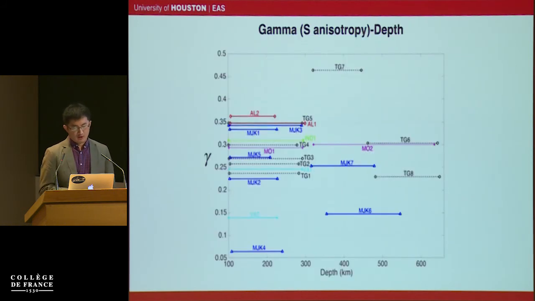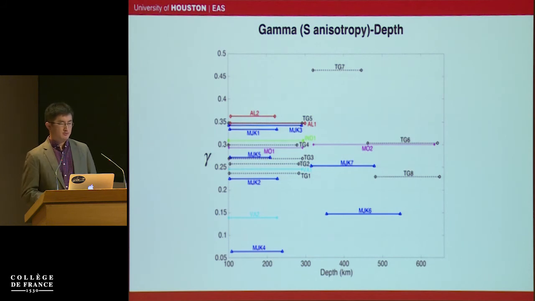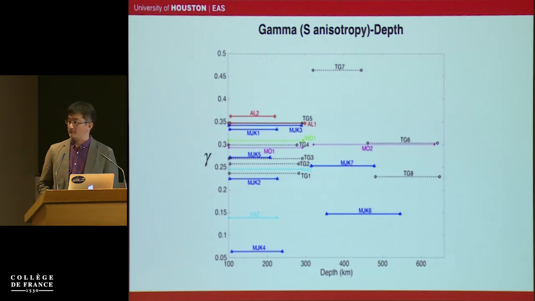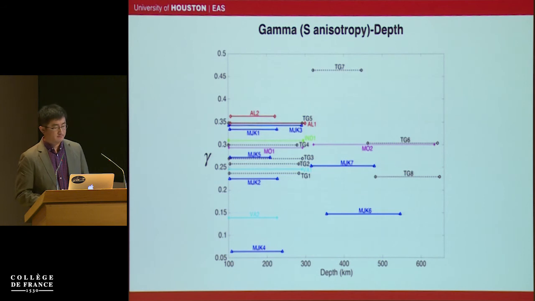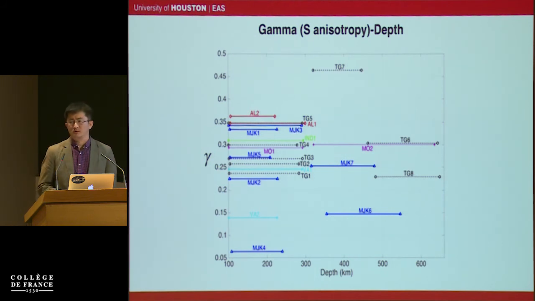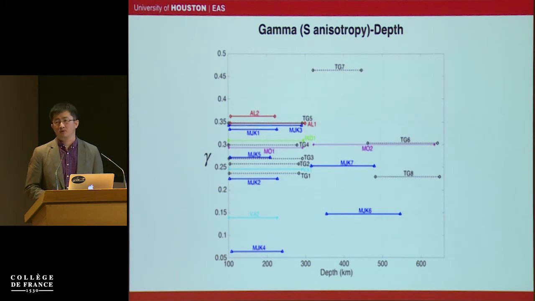So to summarize, the anisotropy versus depth, the previous talk also summarized similar syntheses. So we have gamma, that's the shear anisotropy, versus depth. Each bar is one earthquake group, so we have a depth range.